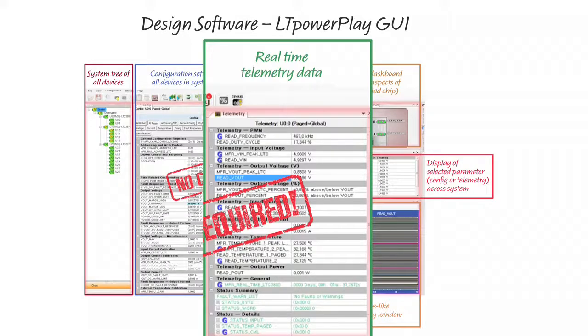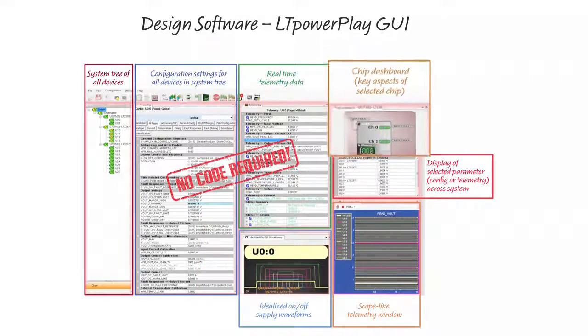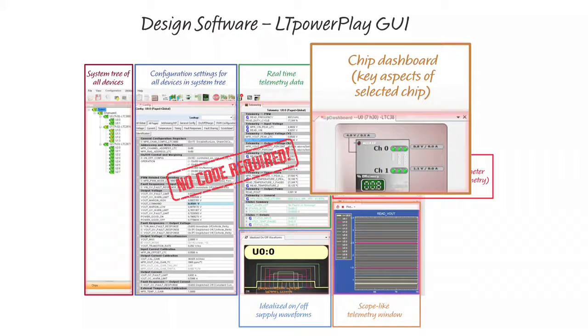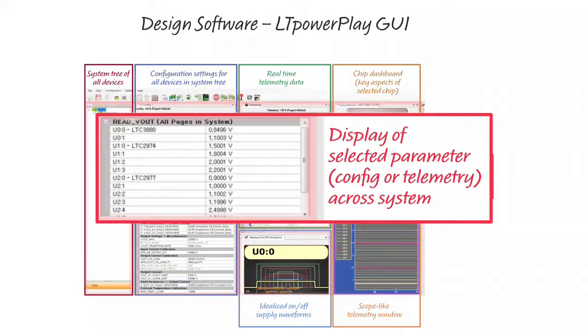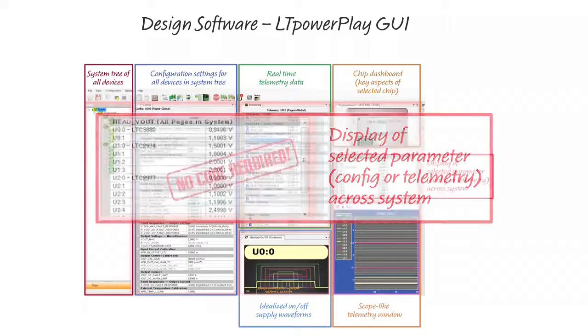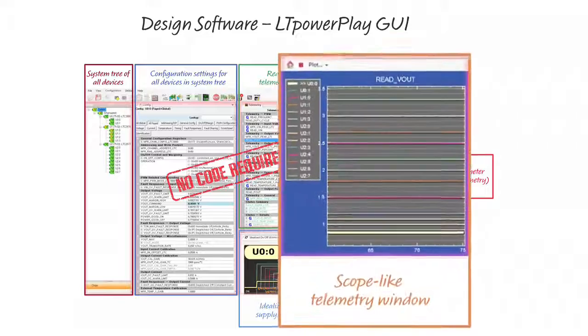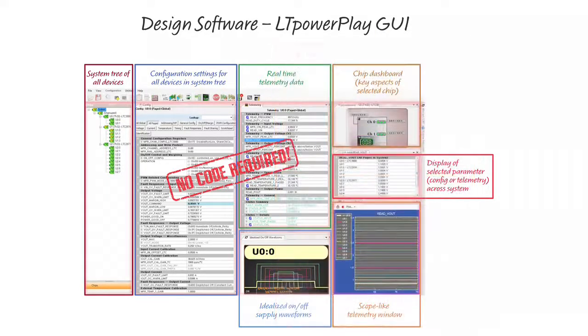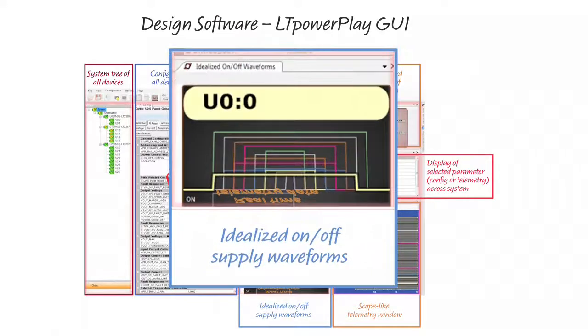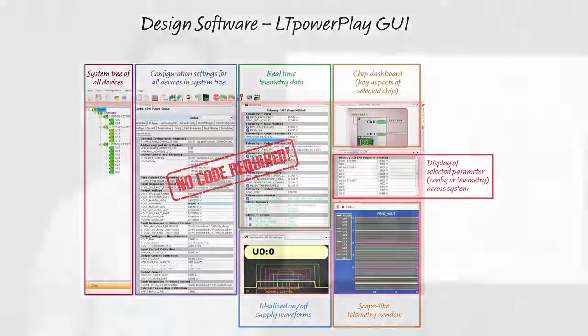For simplicity and ease of use, especially at the earliest stages of hardware development and testing, a graphical user interface, a GUI, running on a PC is used to communicate with the PSM device through a USB to PMBus adapter board. Linear Technology's LTpowerPlay is a simple GUI capable of programming multiple PSM devices on the same screen in one session.